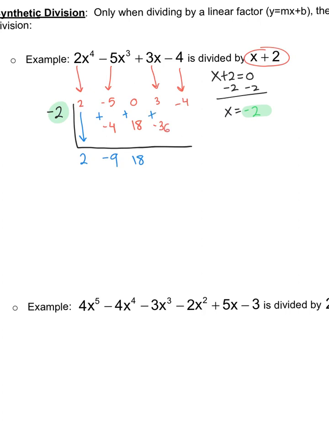Add going down. 3 plus -36 is going to give us -33. -33 times -2 is a positive 66. Add going down, and you get 62. The last number that I get, I always like to box it off. That number is the remainder of your division.